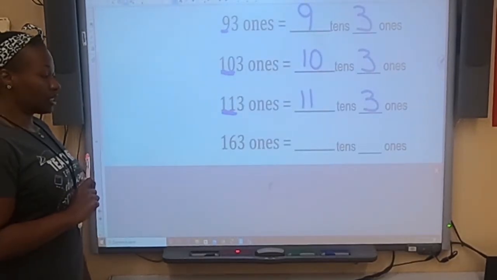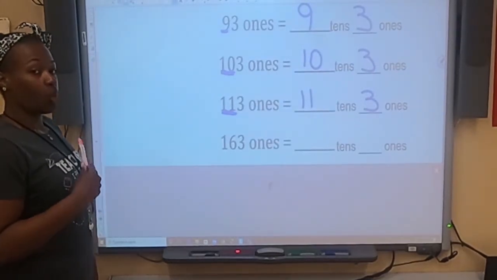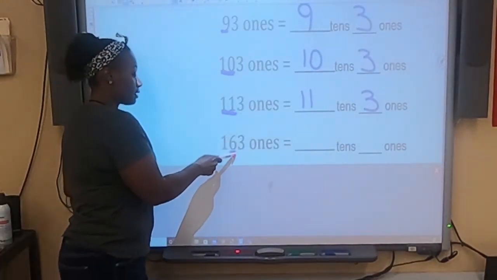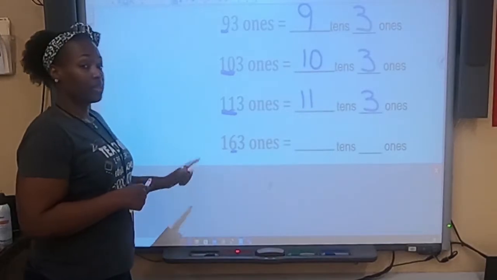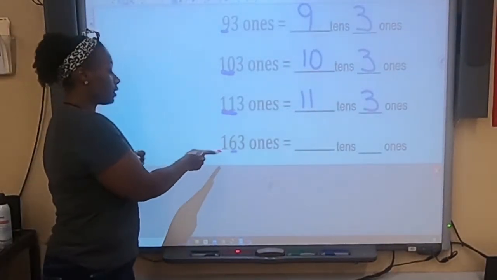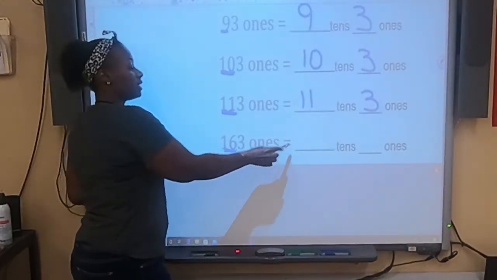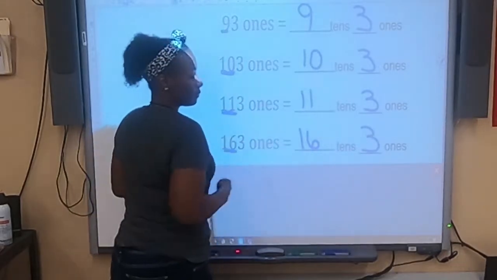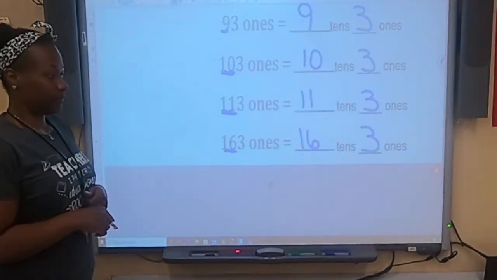I have 163 ones. What digit is in the tens place? Right, the 6. What do I have to do with that 1 that's in front of it? Carry it along with the 6. So that means we need 16 tens and 3 ones.